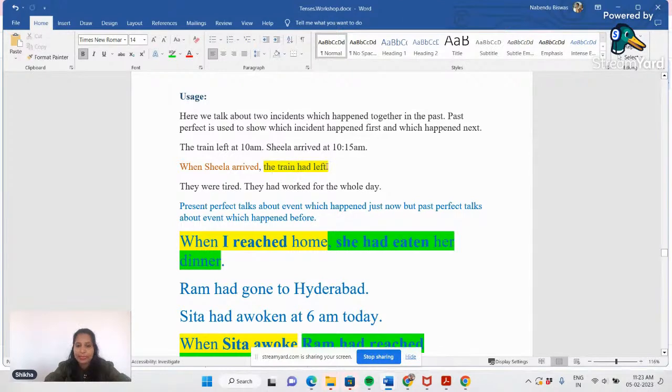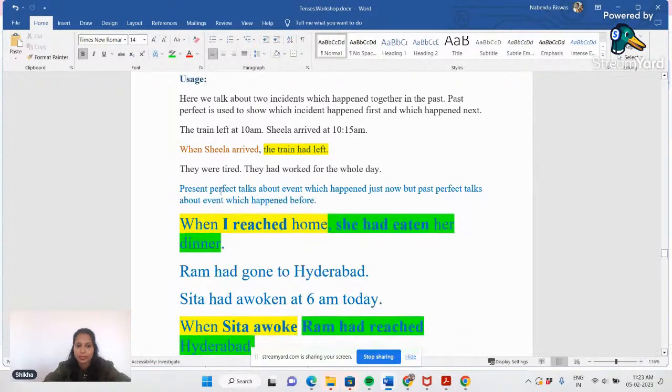So this incident happened first, and so we have written the train had left. The next incident which took place, we have put in simple past: when Sheila arrived. Then the next sentences: they were tired. They had worked for the whole day. Again, we have got two independent sentences here.